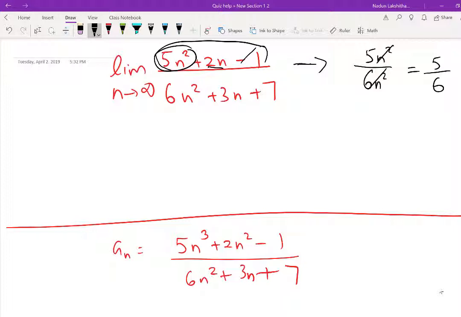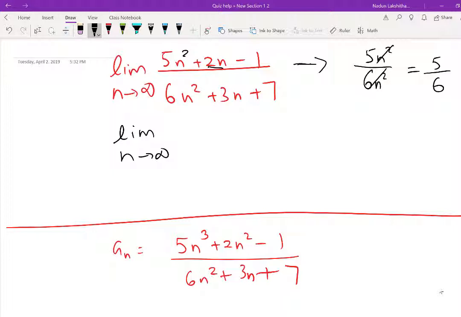Okay, so that's one way to think about it. Or we can use an abstract way to do this. Here's the right and correct mathematical way. What I'm going to do is factor out the highest power in each polynomial, in the numerator and denominator. Oops, here there should be n squared.